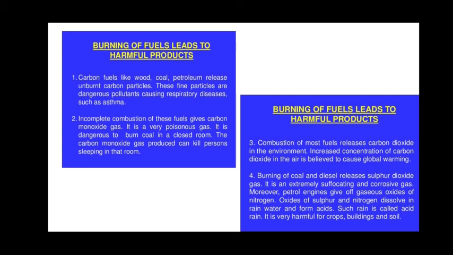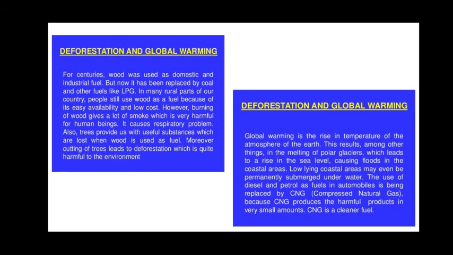So we have to first select a good quality fuel which releases very little harmful product to the environment. Apart from global warming, another issue is deforestation. To get wood, coal and charcoal, we have to cut down the forest.